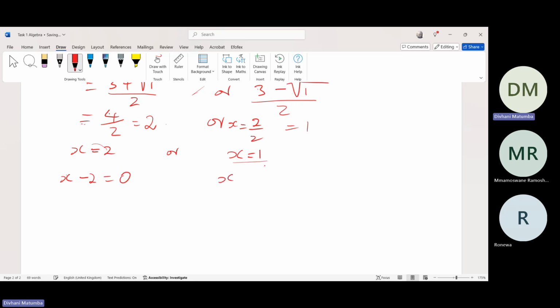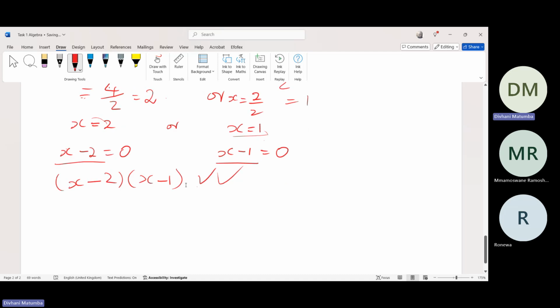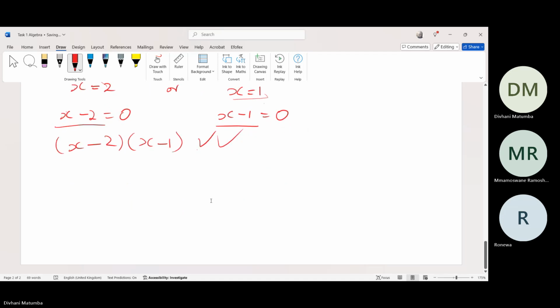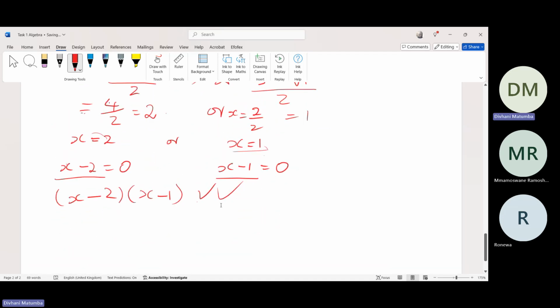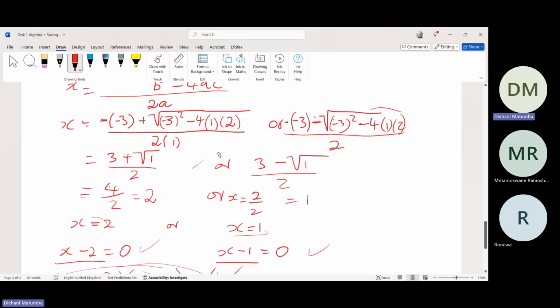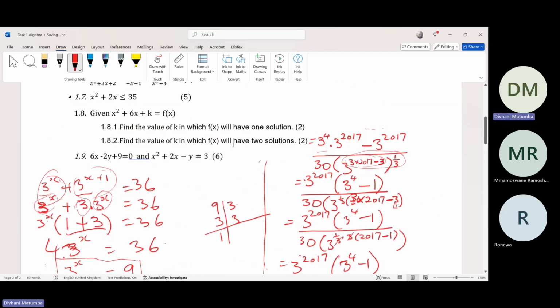X, if you take 1 to the other side, it will be minus 1 equals 0. These are your factors. In case you get an expression which is hard to factorize, this is how you factorize. But this was not part of the solution. I was just showing you guys how to factorize. We were looking for solutions using the quadratic formula.